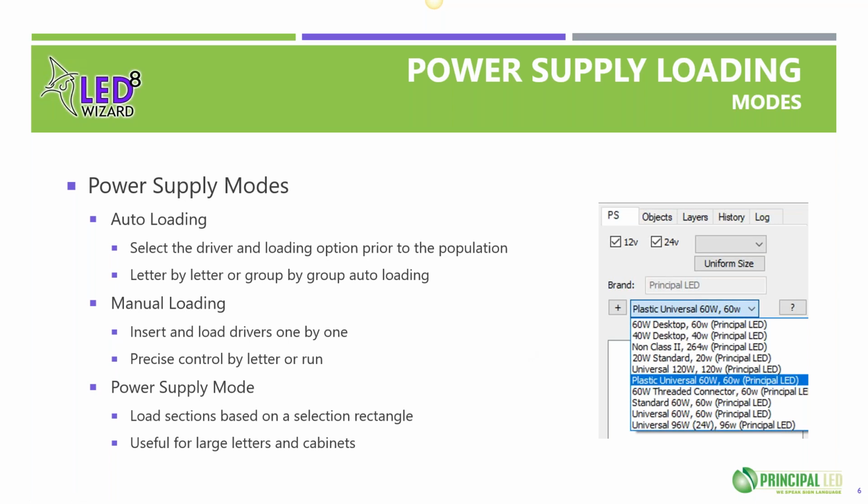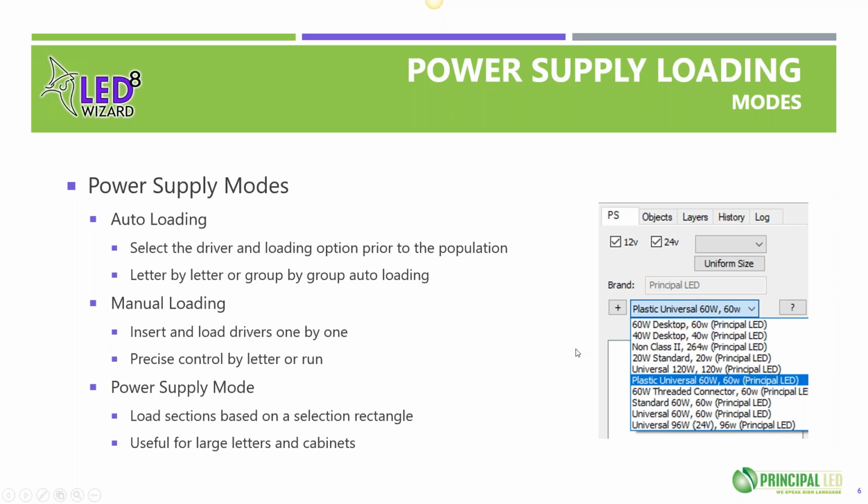So you select that, and then it just loads it as part of the population. That's the most automatic way. Or you could make the population, and then you can select letter by letter or group or line by line, and then load the selected objects. That's sort of pseudo-automated, I guess. You'd have some manual control over what you have selected and how you're loading it.